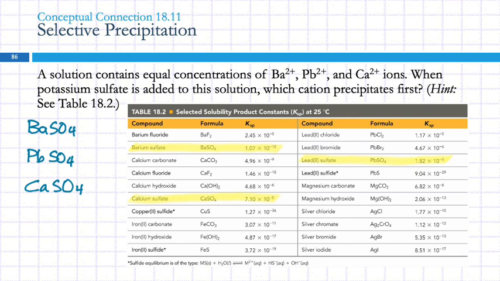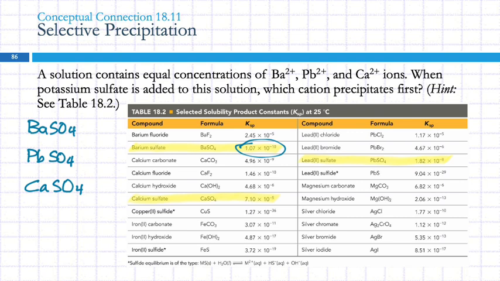Is the most soluble one going to precipitate or the least soluble? The least soluble. So what I'm looking for is who has the smallest KSP. It's going to be barium, right? This is the smallest one.